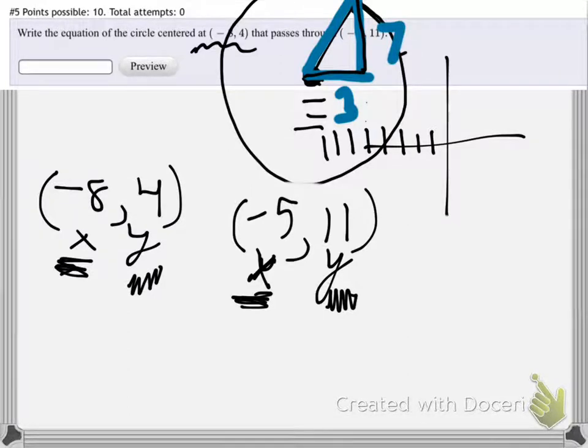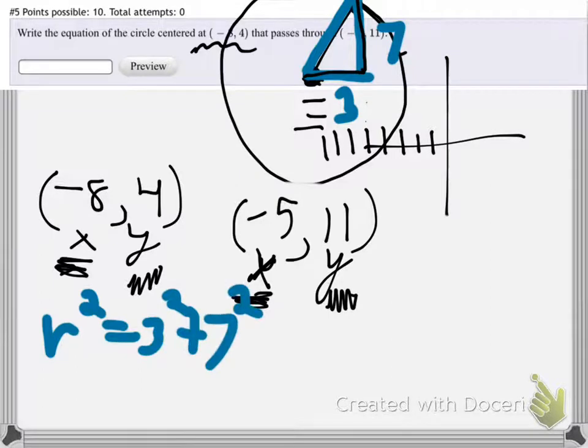Then we're just doing a squared plus b squared equals c squared once again to get the radius. So radius squared equals 3 squared plus 7 squared. 3 squared is 9, and 49, so that's 58.